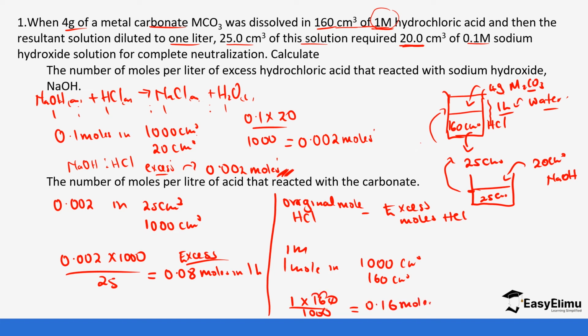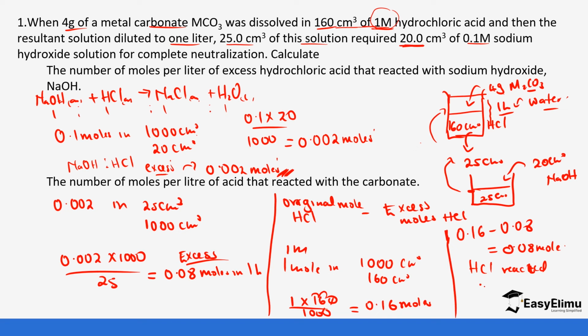So these are the original moles of HCl before the reaction occurred. So when we subtract, it's going to be 0.16 minus 0.08, which will give us the moles that now reacted with the carbonate will be 0.08 moles.